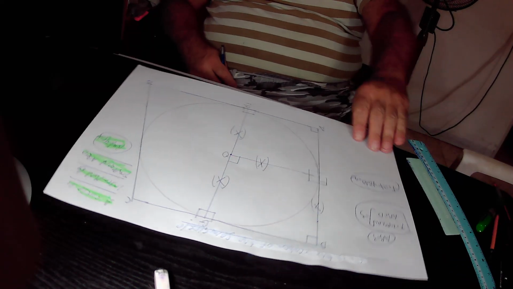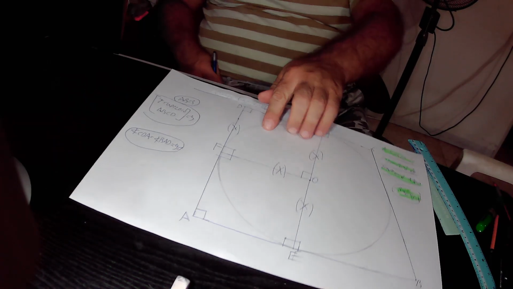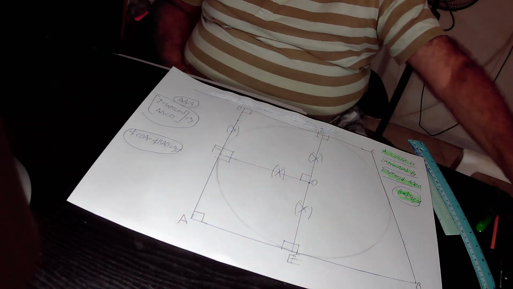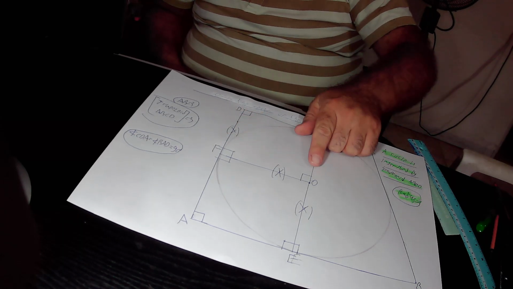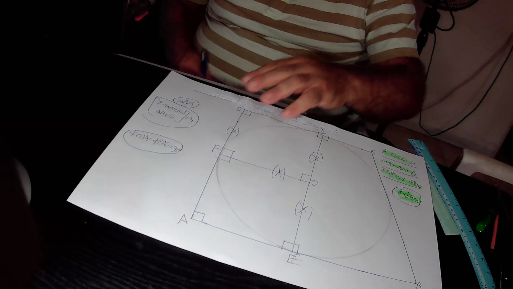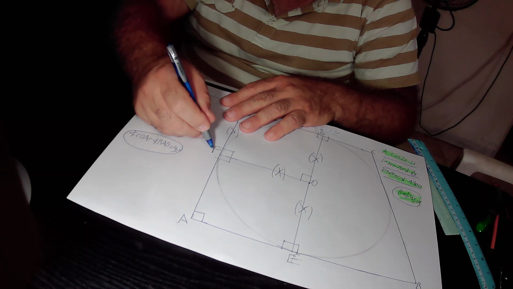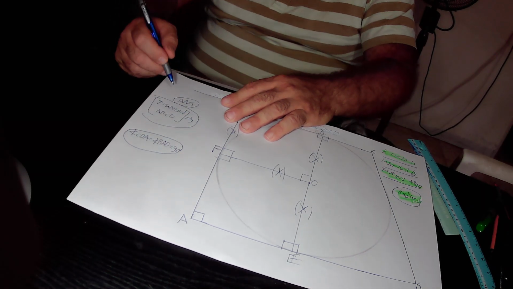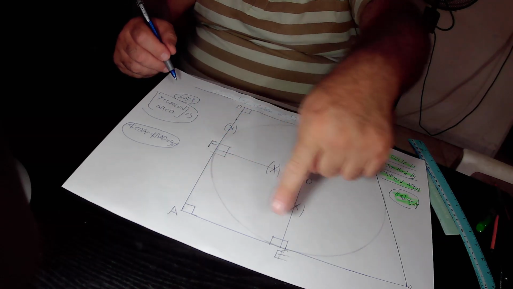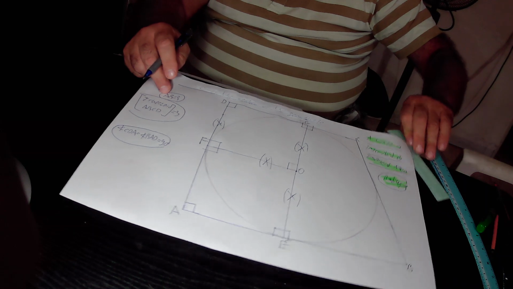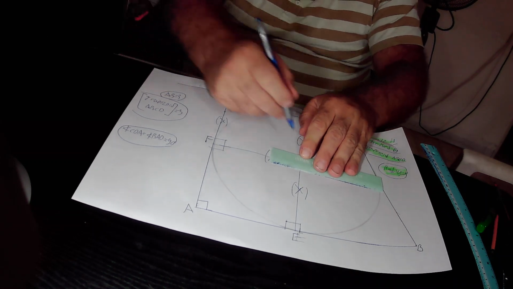Likewise, in the lower quadrilateral FOEA, we have 1, 2, 3 right angles, and therefore this fourth angle must be equal to 90 degrees in its size.